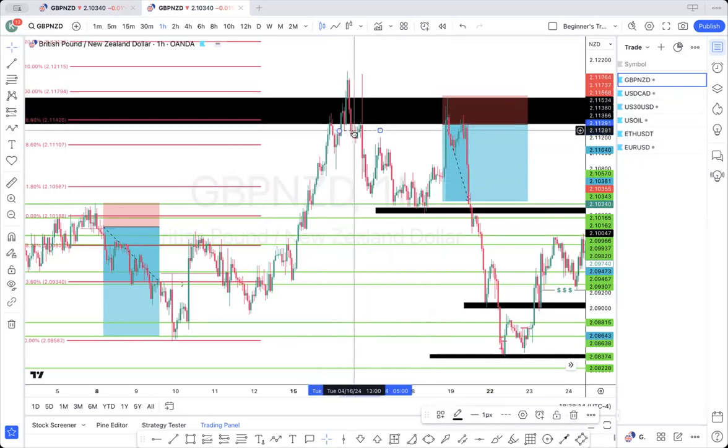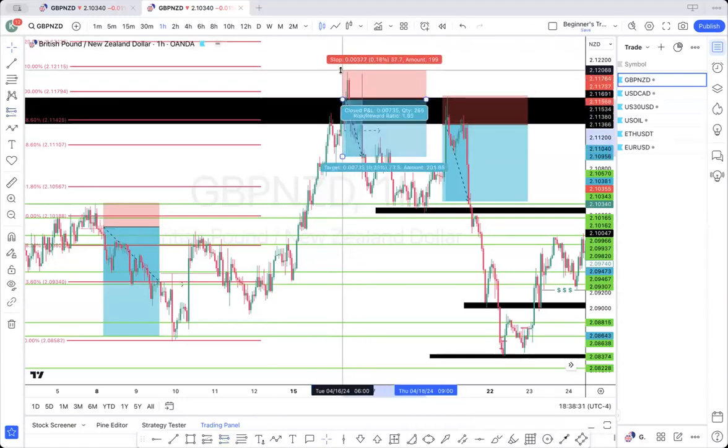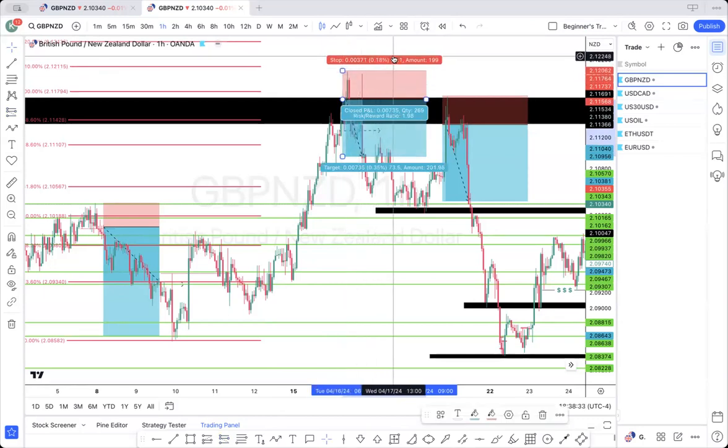So now this is my last zone here. So once price broke here, price pulled back into the zone, pulled back into this order block. So this could have, once it pushed back in, this could have been the entry here, right? Okay.